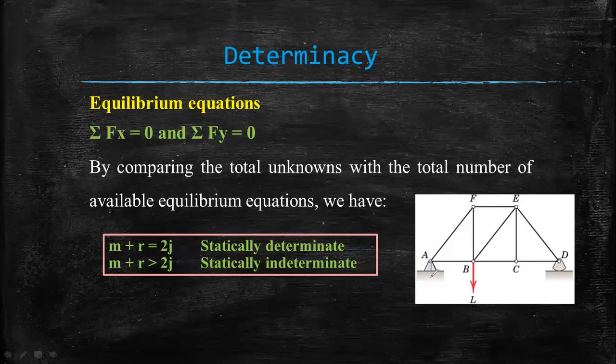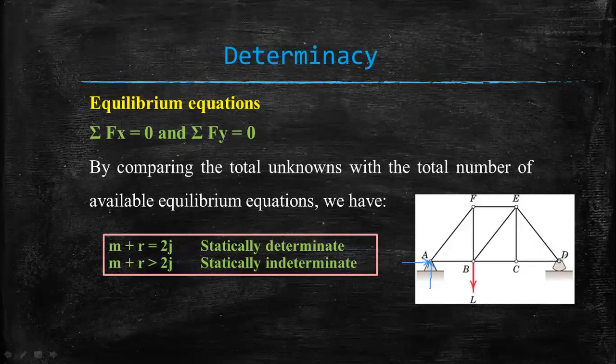There is a vertical reaction at point A, because at this particular point it is restricted vertically, and at the same time it is restricted horizontally as well. So there will be two reactions, one in the vertical direction and another in the horizontal direction. So at this point there will be a total of two unknown reaction forces.